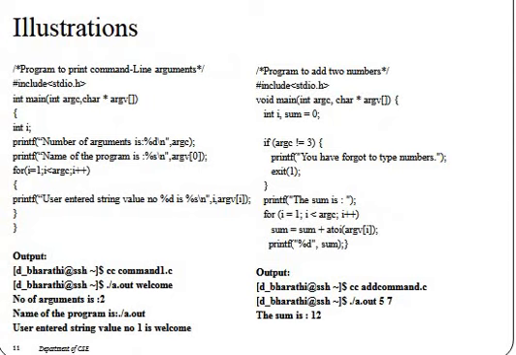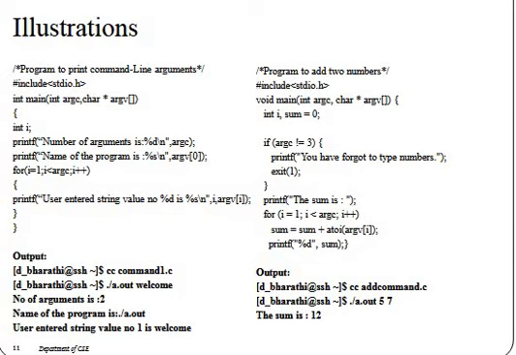Look at the first example. int argc, comma, char star argv. Number of arguments is argc, and the name of the program is argv of 0. The argv of 0 is always the name of the program. And the following are the parameters: i equal to 1, argv of 1; i equal to 2, argv of 2, and so on.